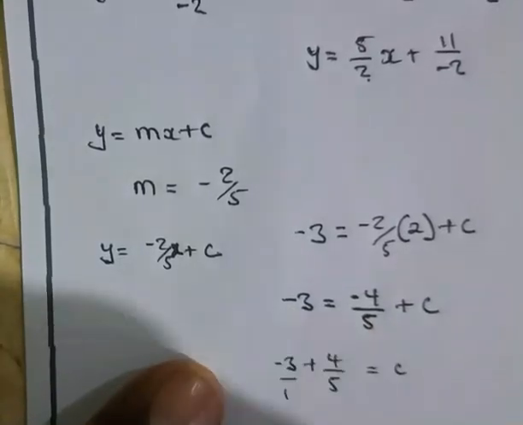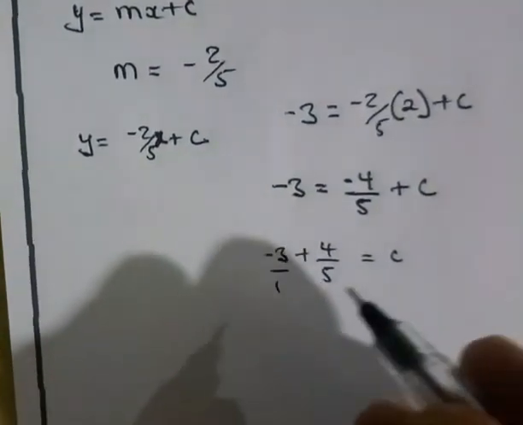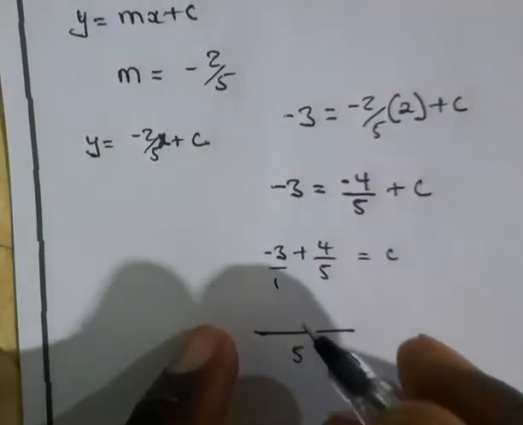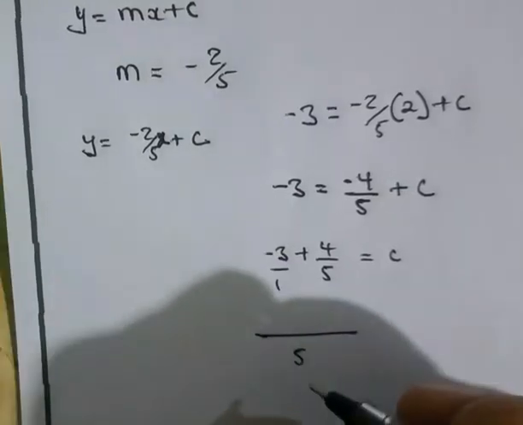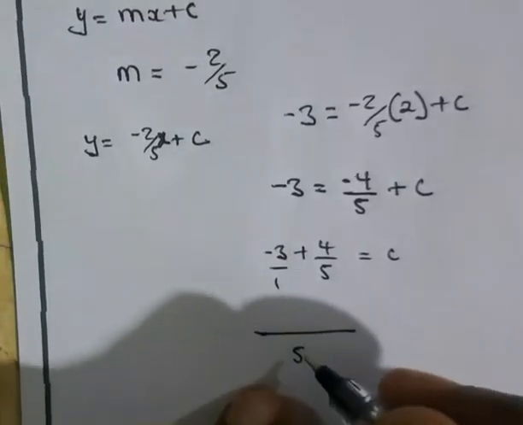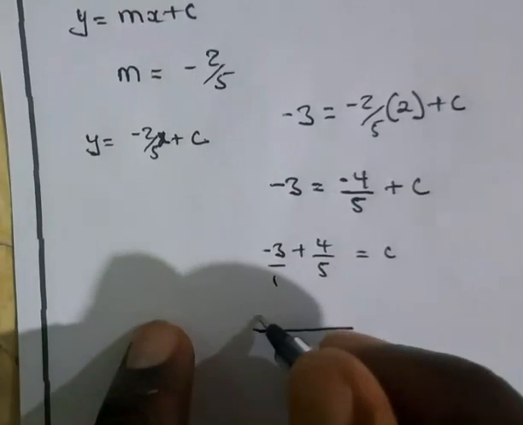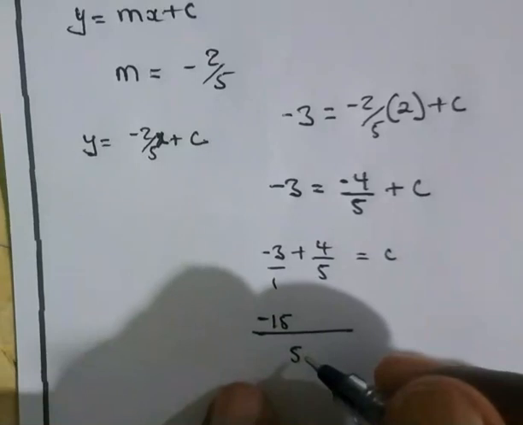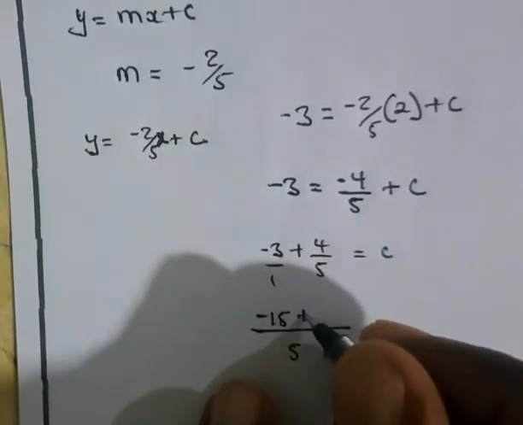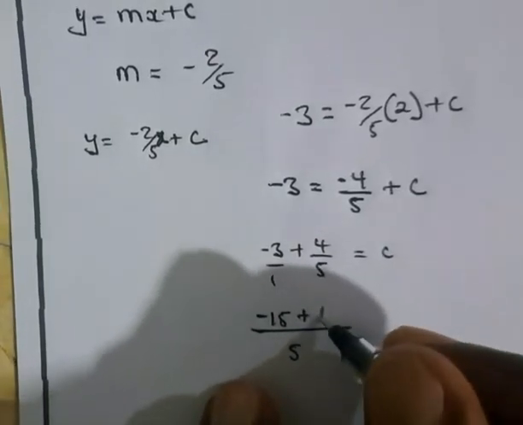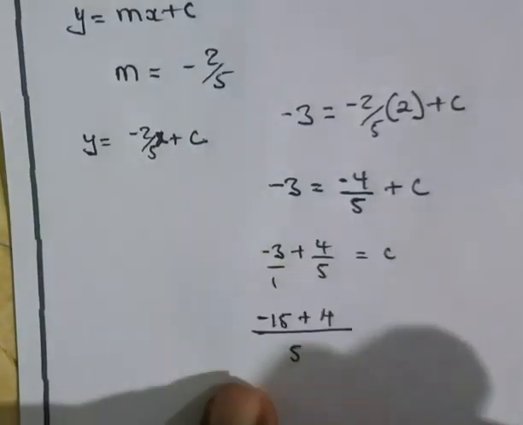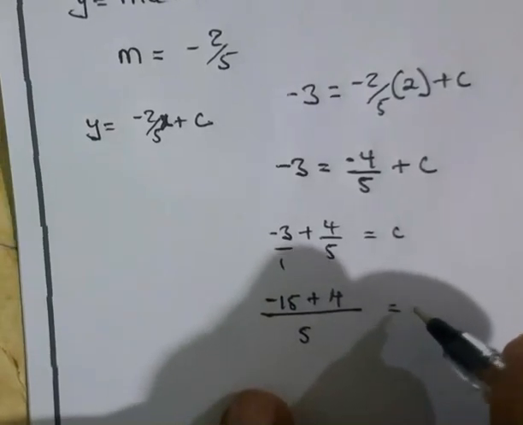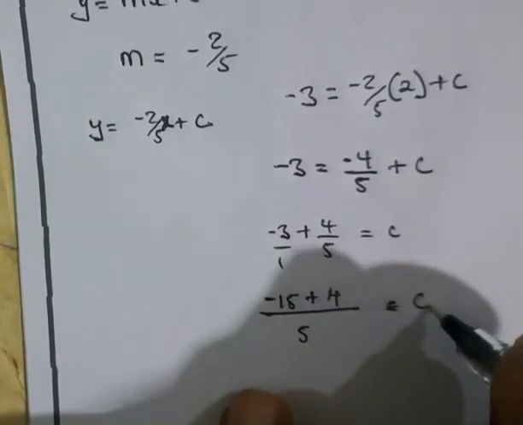Let me put negative 3 as over 1, then the common denominator here is 5. 1 into 5 is 5. 5 times negative 3 is negative 15. 5 into 5 is 1, 1 times 4 is positive 4.